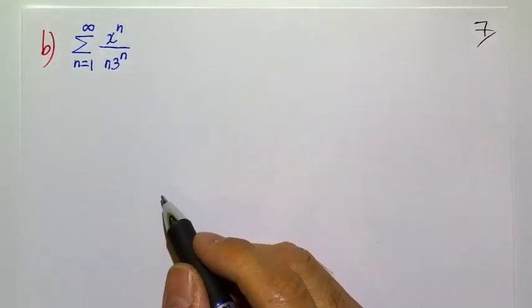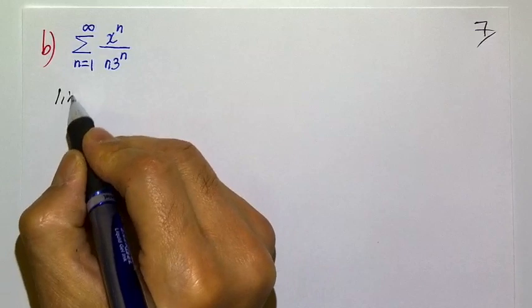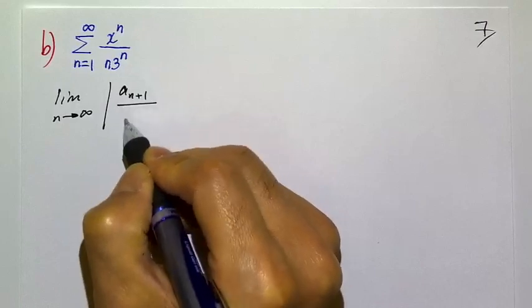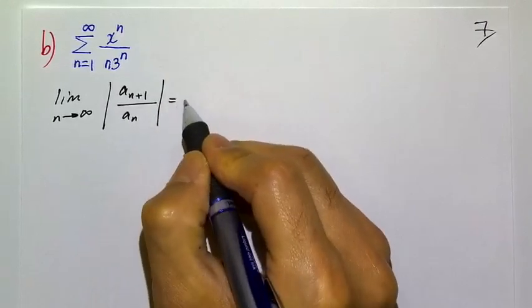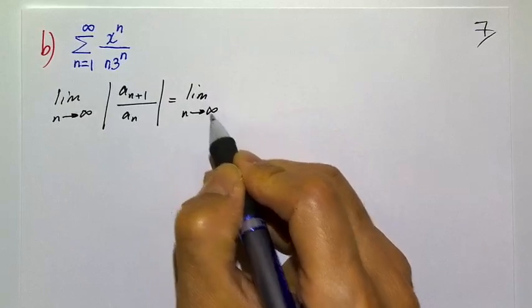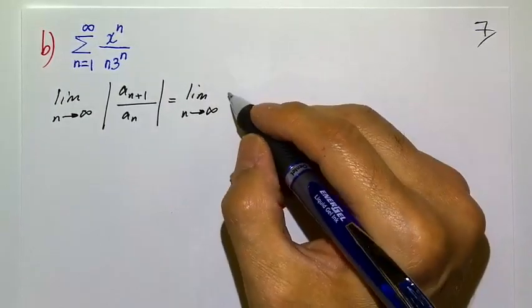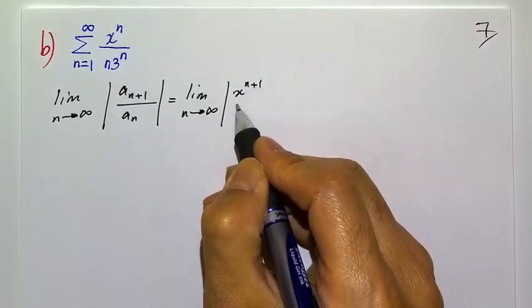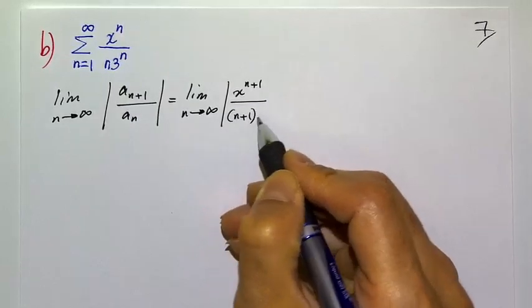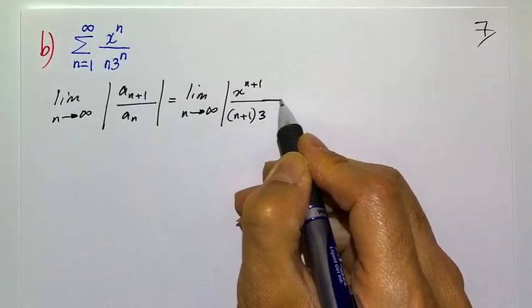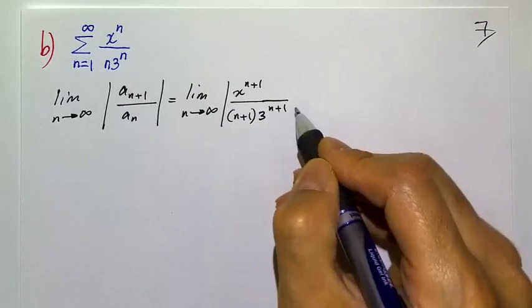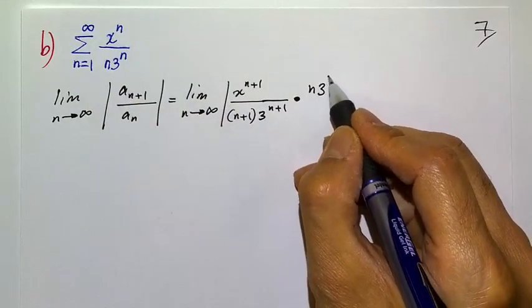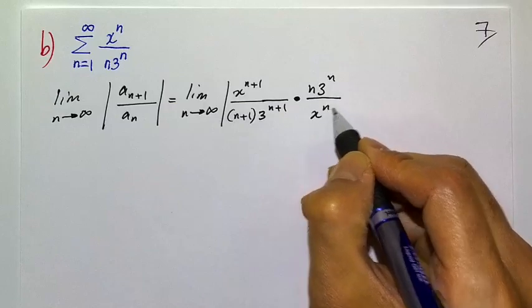Okay, once again, we start with the ratio test. And so here we have x to the n plus 1 power divided by n plus 1 times 3 to the n plus 1 power, multiplied by, then flip that, n times 3 to the n power divided by x to the n power.